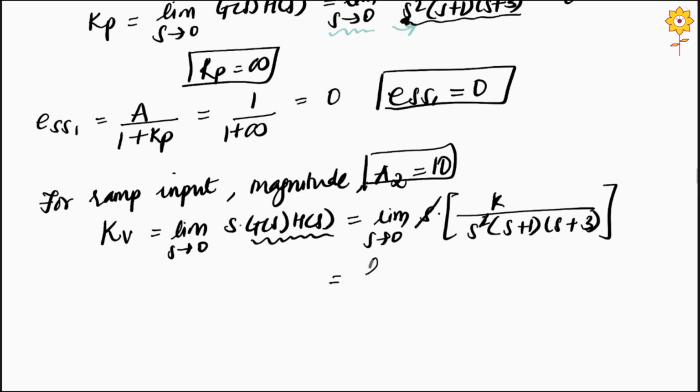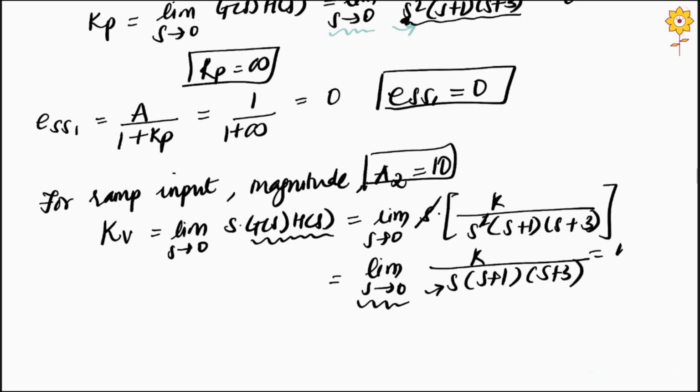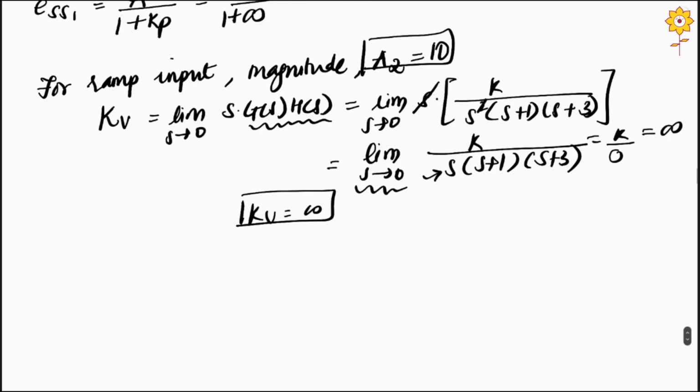So, we will have this term again. When you substitute s as 0 in this equation, we will have 0 in the denominator, hence the value is going to be infinity. So, Kv is equal to infinity.